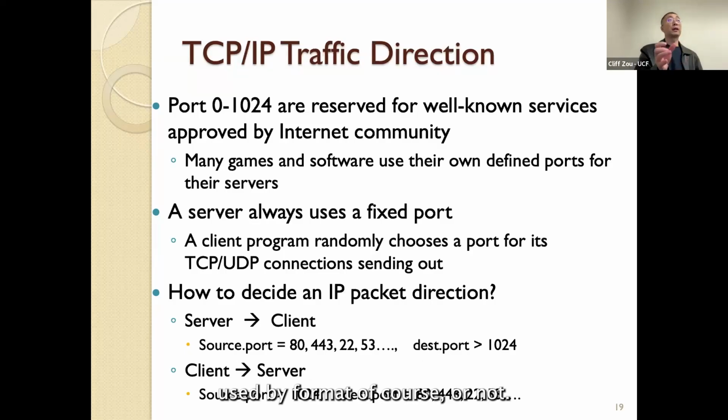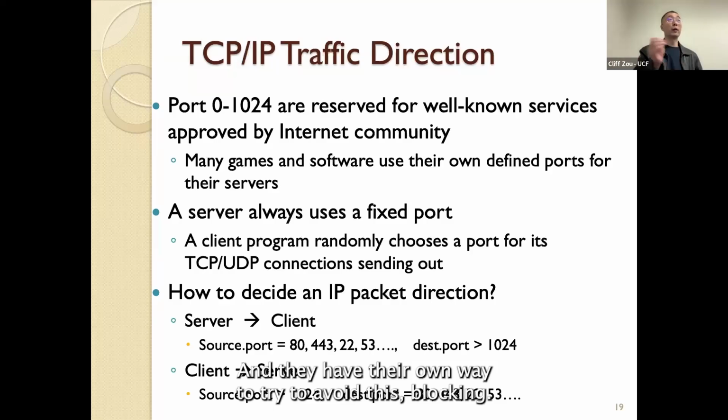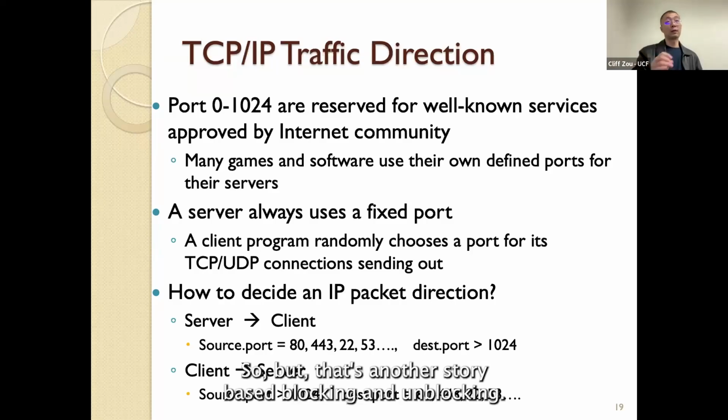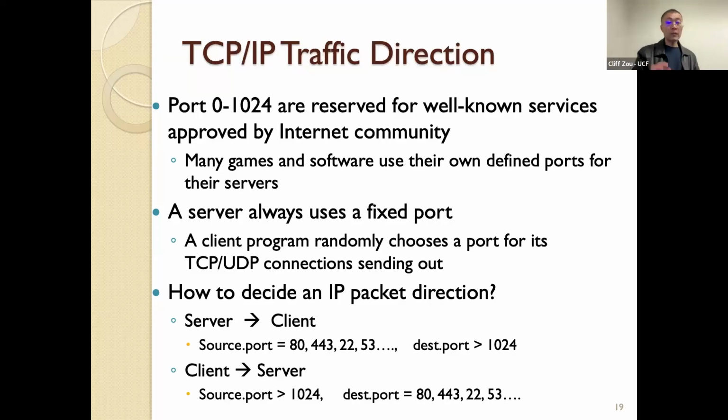Of course, Fortnite has its own ways to try to avoid this blocking, but that's another story. But for all those well-defined ports, you can use a firewall rule to set up the filtering rule to block that traffic.